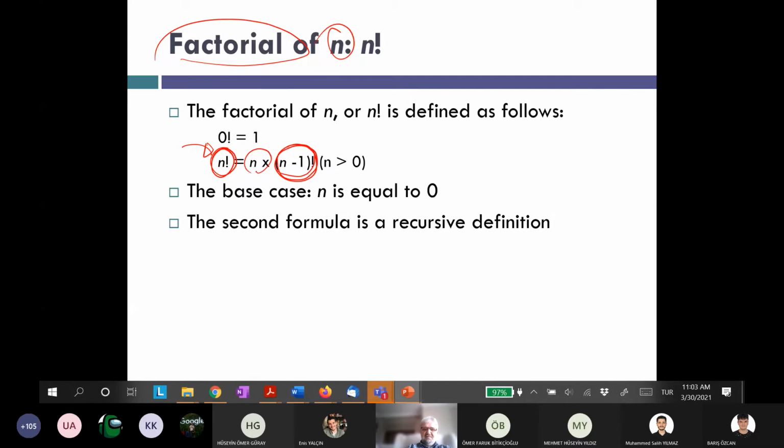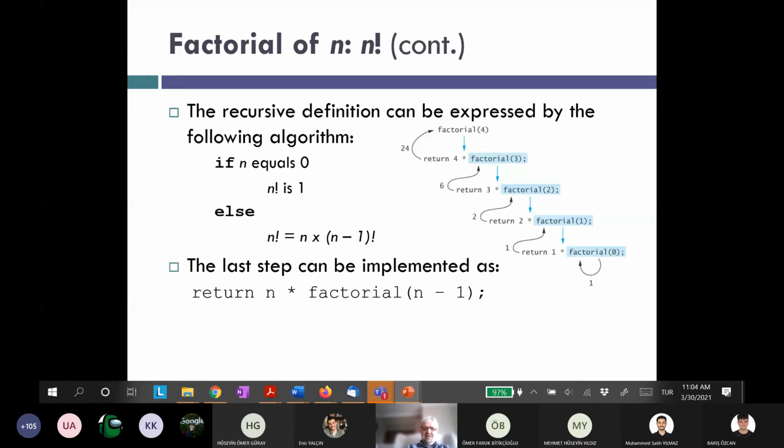So the recursive method call is very apparent here. We have to perform this operation recursively, right? So if the definition of the calculation is recursive, writing this recursive algorithm is very simple.